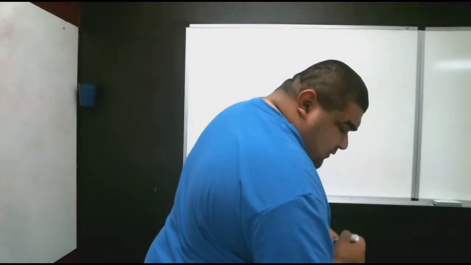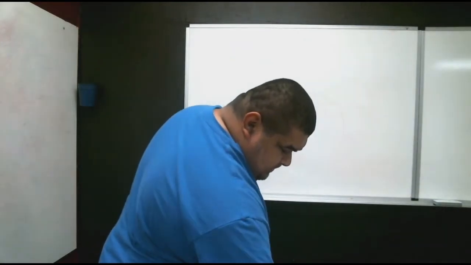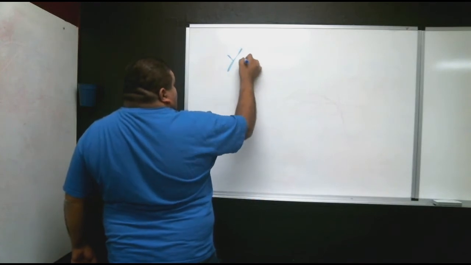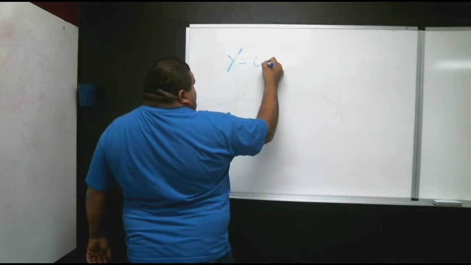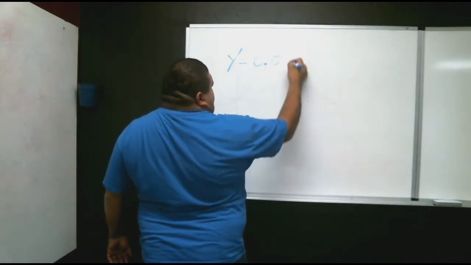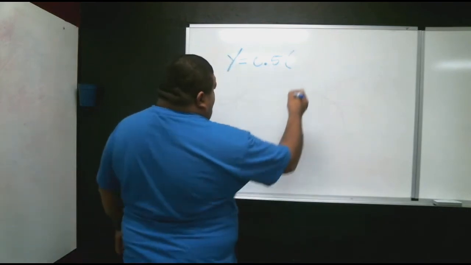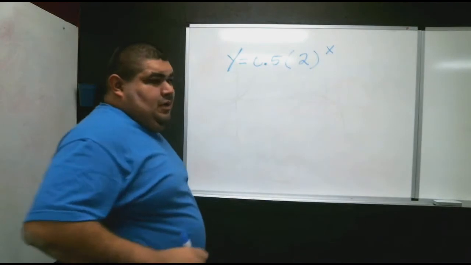For your first example, y equals 0.5 times, for b is going to be 2 to the x power.